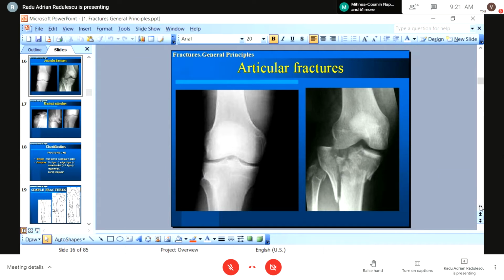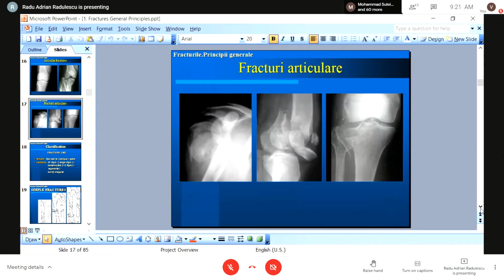That's very important because the articular surface must be restored during the treatment. We'll see that very soon. Also, another articular fracture. This one is at the level of the proximal humerus. This one is at the level of the distal femur, and another one at the level of the proximal tibia, which is also called the tibial plateau.